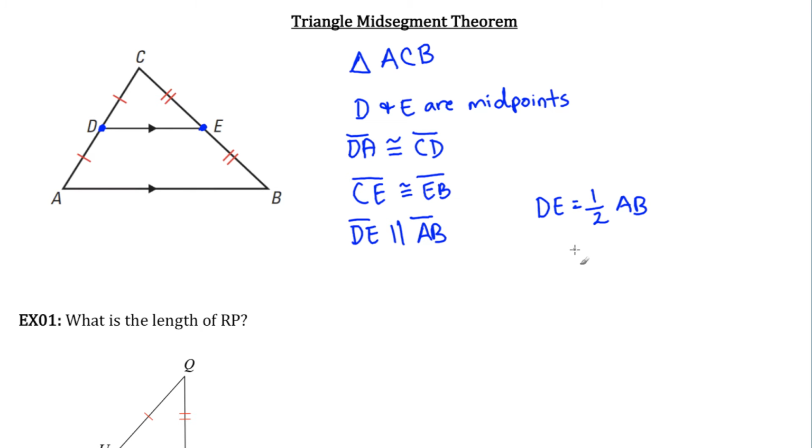Or, it's a little easier for me to think about it in reverse, where I can say 2 times DE is AB. So you can either think that this times 2 is AB, or that half of AB is DE.